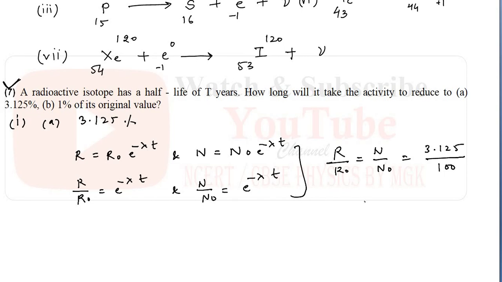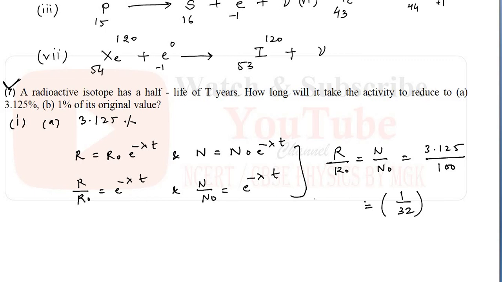So this can be written as 3.125 divided by 100, which will be equal to 1 upon 32.